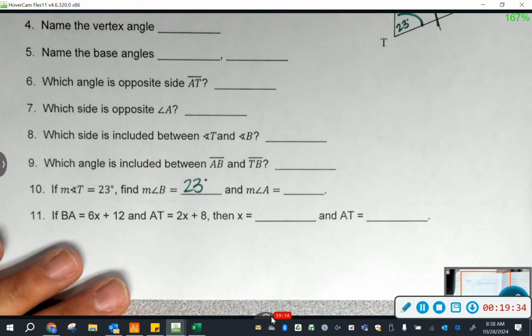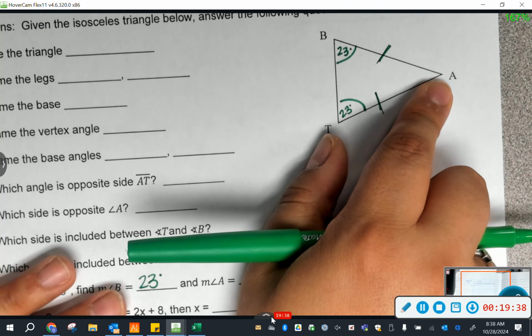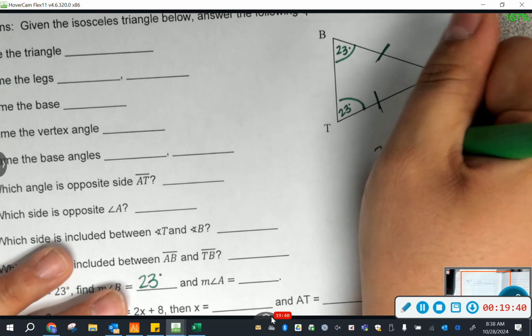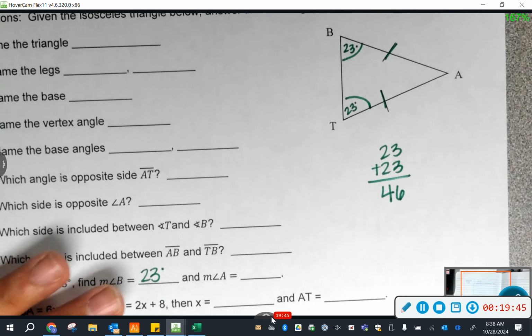If B is 23 degrees and T is 23, how do I find A? Add them. What is 23 plus 23? 46. But 46 is not my answer.